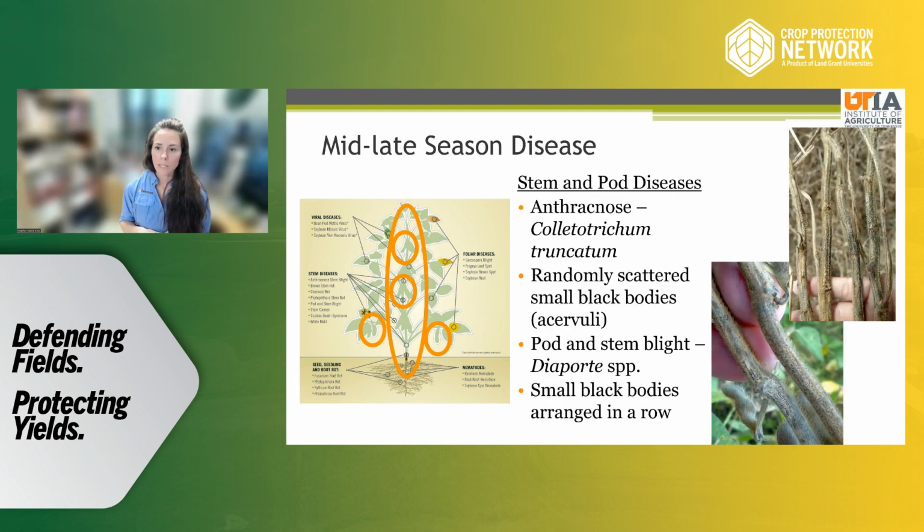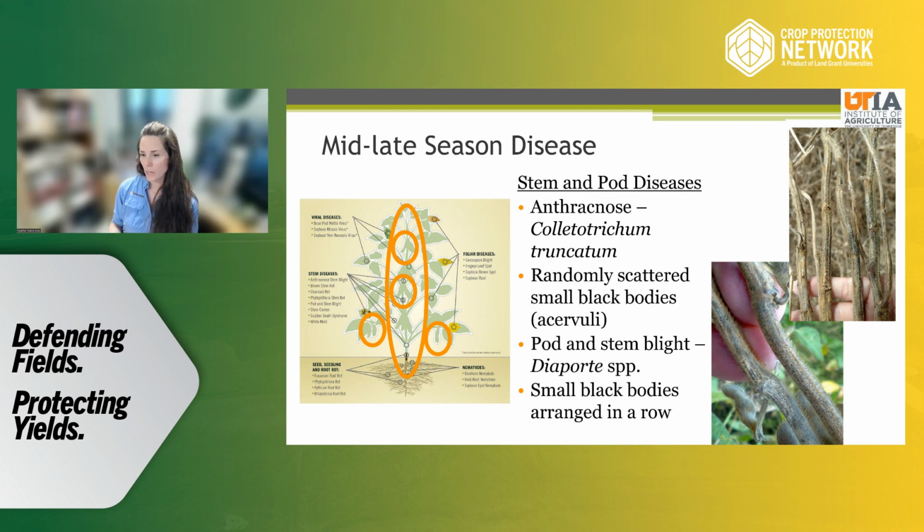And our last disease I'm going to talk about for the Southern U.S. are stem and pod diseases, which include anthracnose, as well as pod and stem blight. These look very, very similar. Again, you want to look at the stem, but also at the pods and leaves. The picture far right, upper corner, is anthracnose. Those small black circular bodies will be randomly scattered on the stems and or the pods, versus pod and stem blight.